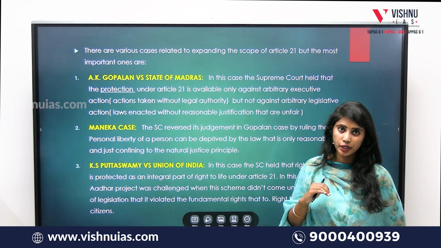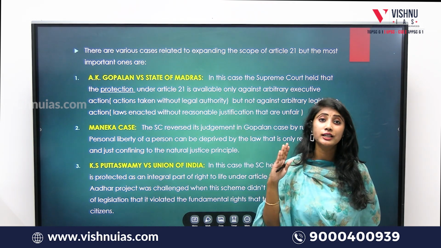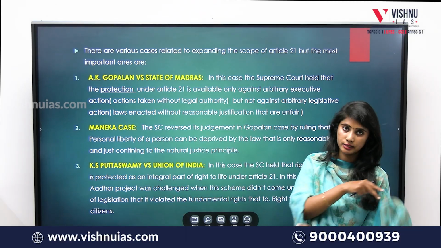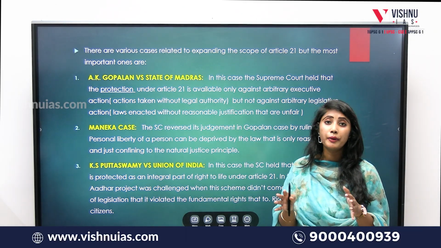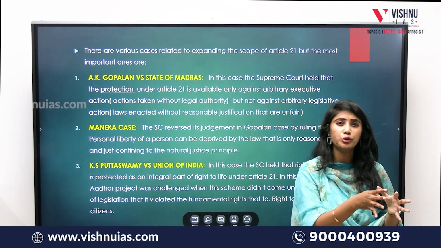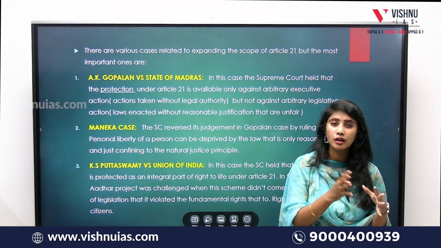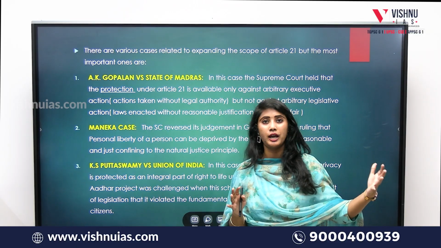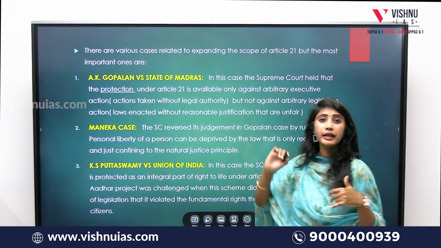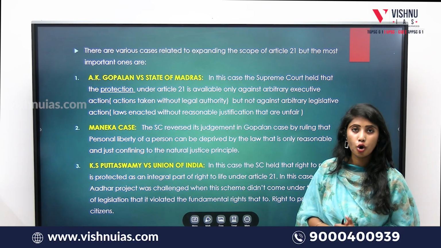Article 21, as I told you, has under it nearly 38 rights, isn't that so? All those 38 rights, yes, they'll be given protection, but only against the arbitrary action of the executive wing of the government, but not against the arbitrary actions of the law.